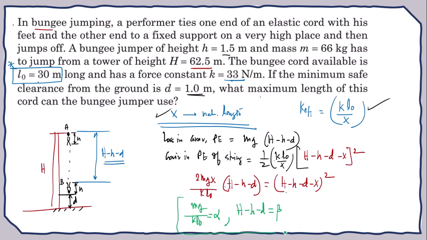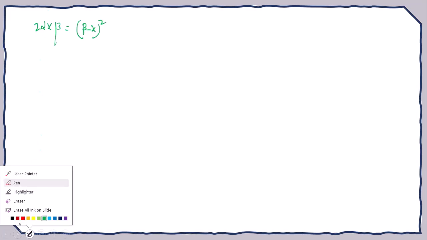Then the equation becomes 2 alpha x beta equals beta minus x whole square. So it is a quadratic in x: x square minus 2 beta x into alpha plus 1, plus beta square, equal to 0. The solution of this gives the value of x.